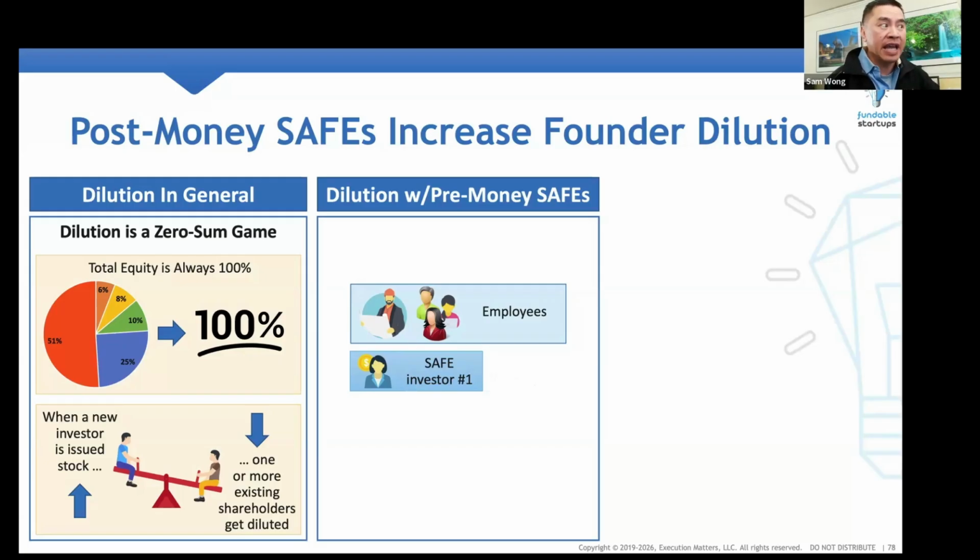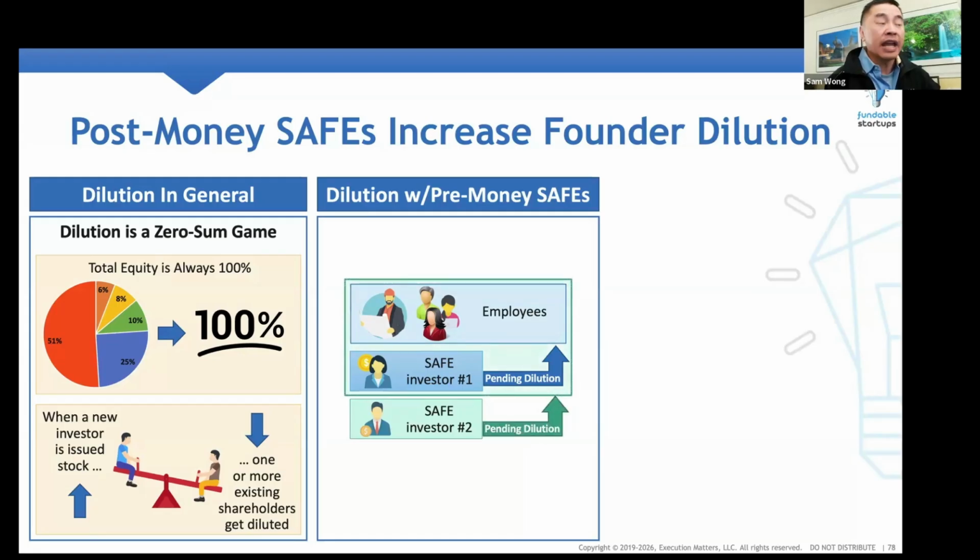That results in pending dilution for the employees. Notice it's pending dilution because the safe is not equity today, it's equity tomorrow. Safe investor number two comes in and signs another safe that results in pending dilution of the employees and any previous safe holder who signed the earlier safe.